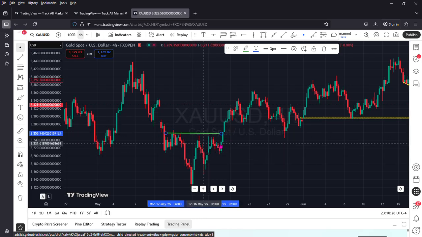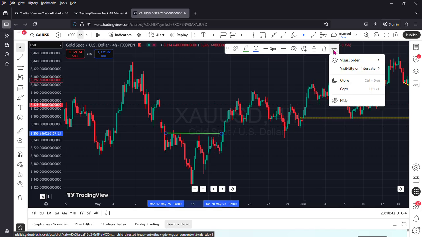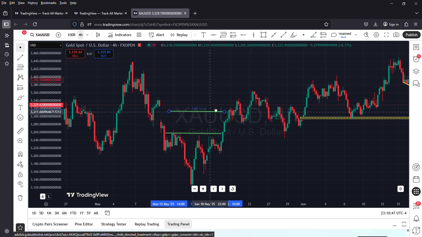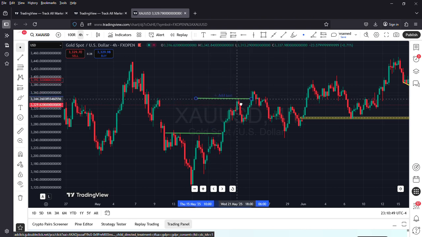After the ranging, it came and broke out from the range. That means it has changed from selling to buying. So after here, we have a mini break of structure here.